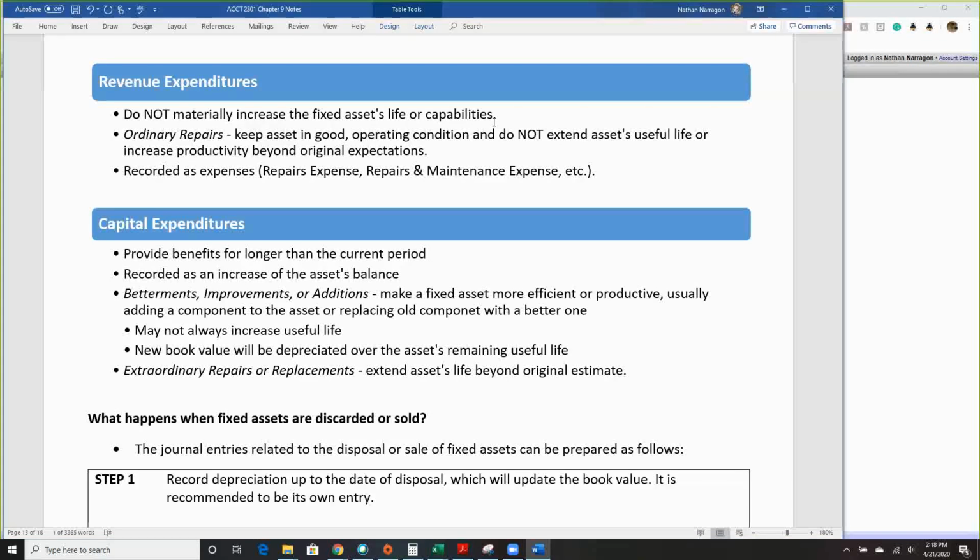When I look at oil changes for a big rig, yes, that does kind of extend asset life, but it's not material. Maybe a few more months, not like years upon years. So it's just in good working order. It's keeping it maintained.